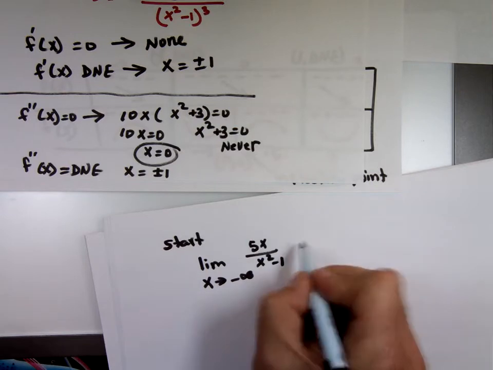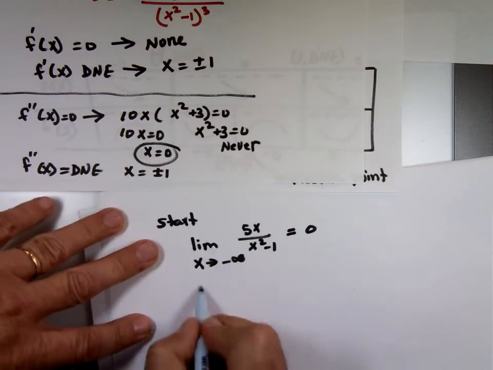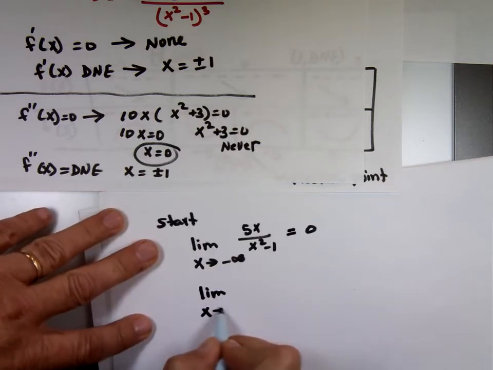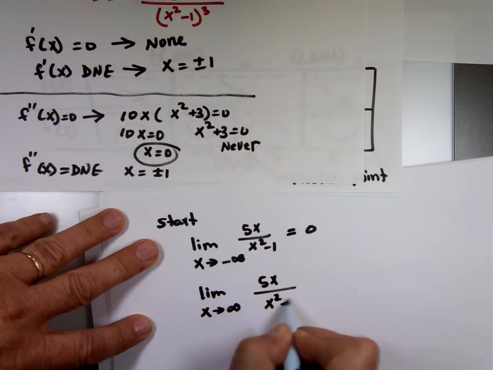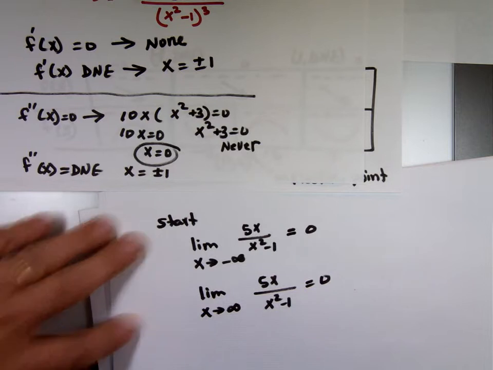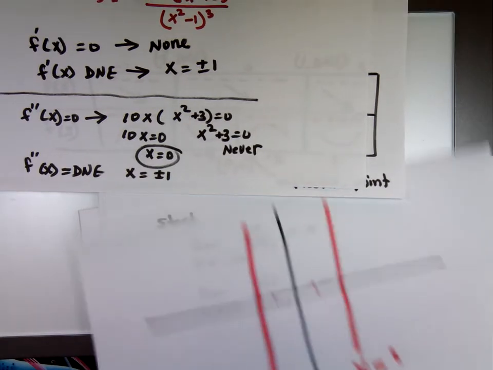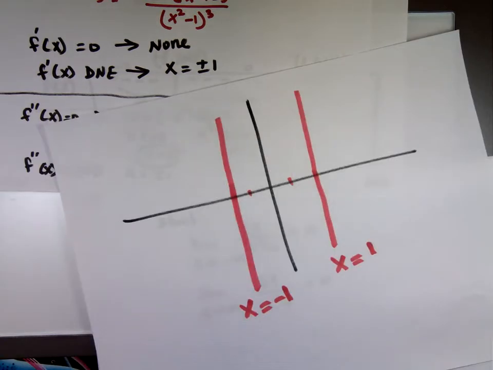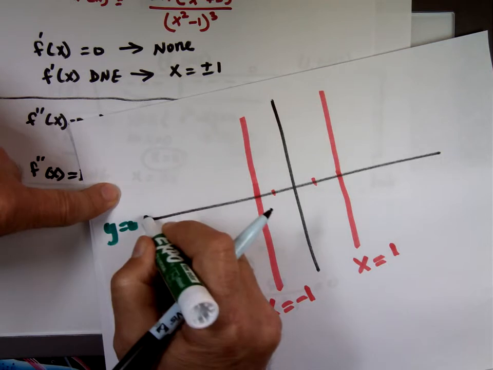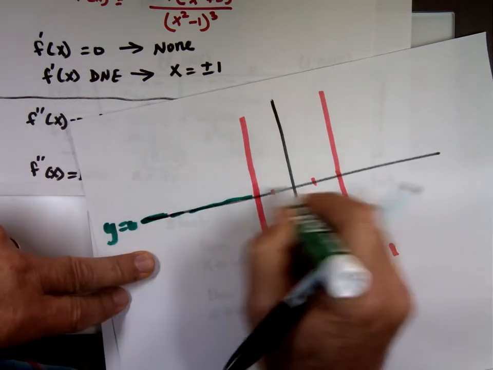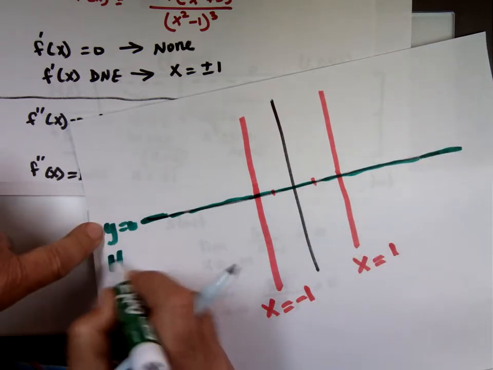If it's bottom heavy, what's the answer? 0. What's the limit as x approaches infinity? Still bottom heavy, that's also a 0. So that tells me my function is going to start from 0 and end at 0. That's y equals 0. It's going to start here, it's going to end there. That's your horizontal asymptote.